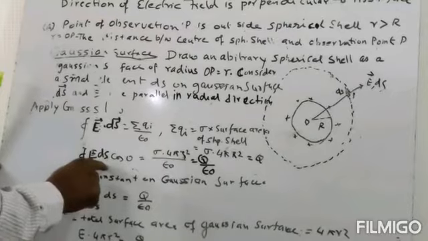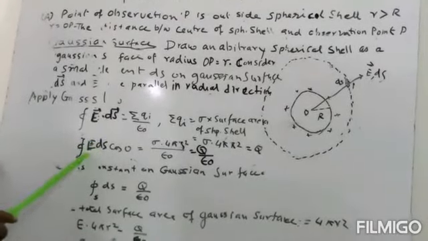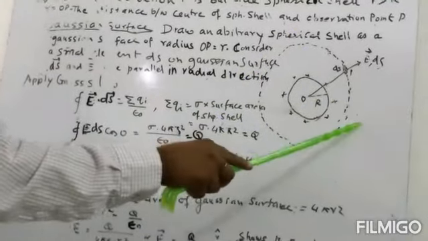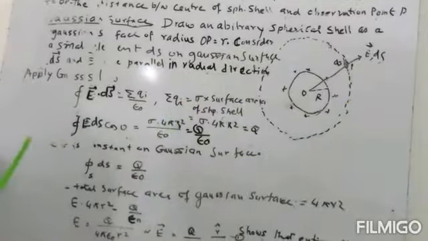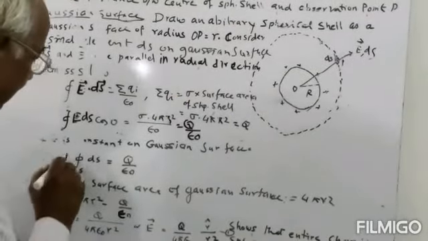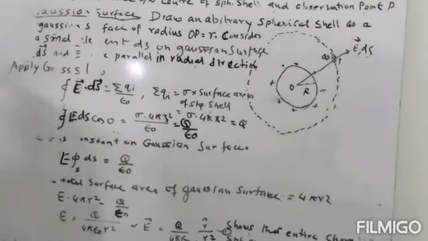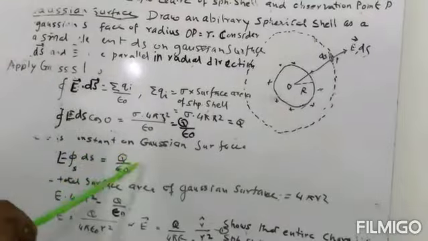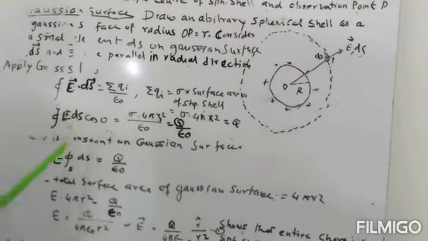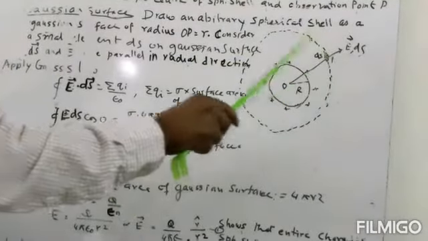So it will be E ds. Now the electrical field is the same at all places on the Gaussian surface, so E is constant and we bring it outside the integral. E times the surface integral of ds is equal to Q divided by epsilon 0. The total area of the Gaussian surface is 4 pi small r square.